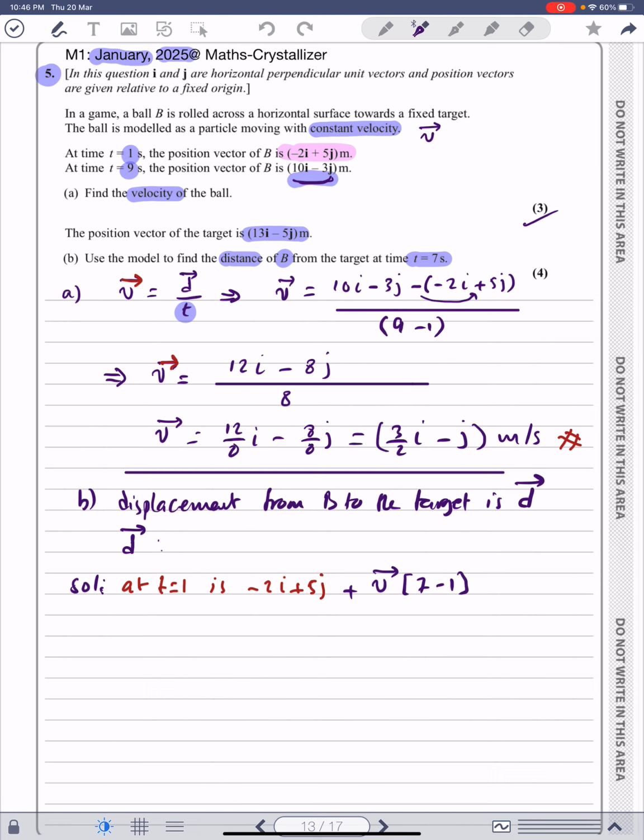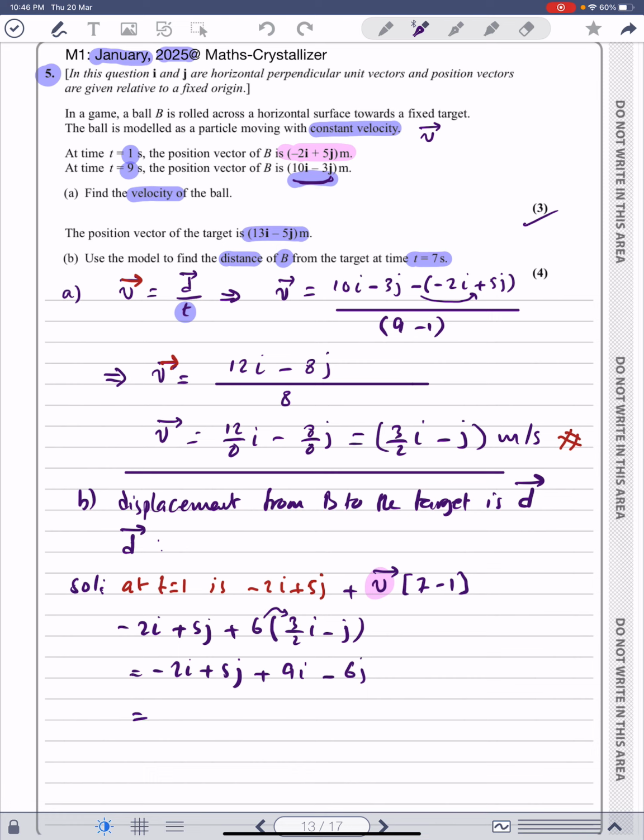We know the constant velocity is V, we found it in part A. So it will be 7 minus 1, 6, times 3 over 2 i minus j, plus negative 2i plus 5j. Expand, multiplying the 6, which is 9i minus 6j.